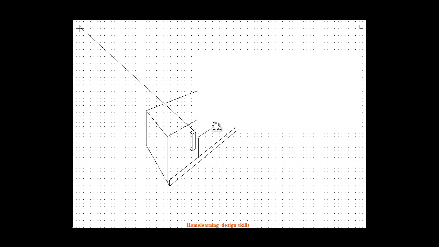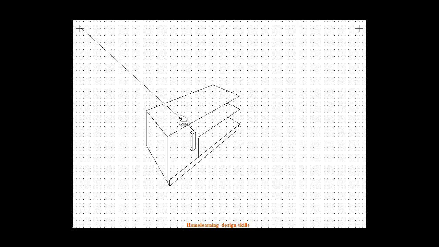And again, we've now got that TV cabinet, that storage unit, if you will, drawn in 3D using that method. And you can always pause these videos at various points while you're trying to follow, and then just either rewind them or let them play once you know what you're doing.